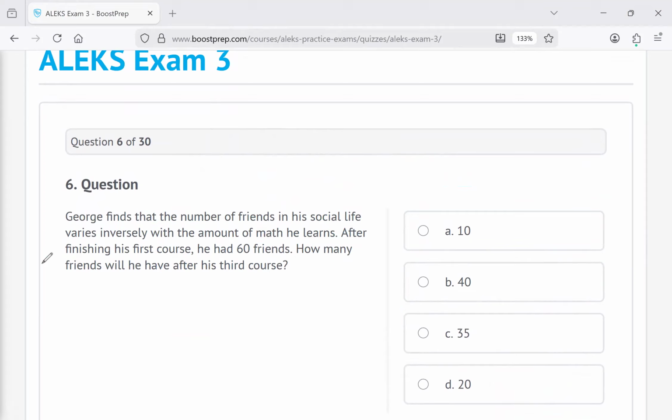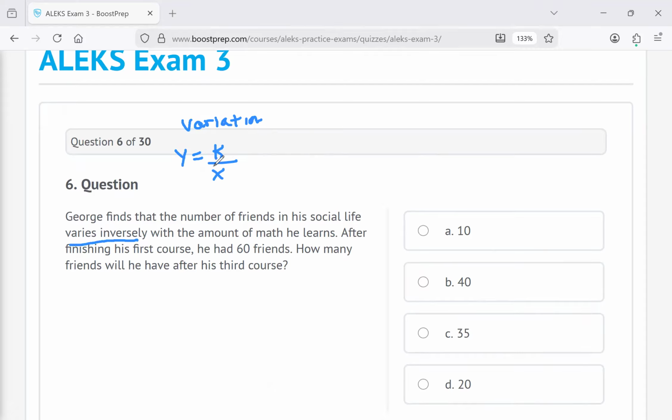Okay, question 6 is a word problem. George finds that the number of friends in his social life varies inversely with the amount of math he learns. After finishing his first course, he had 60 friends. How many friends will he have on his third course? So this is a variation problem. When you hear the words varies inversely, you need to know that's related to an equation, y equals k over x, I believe.